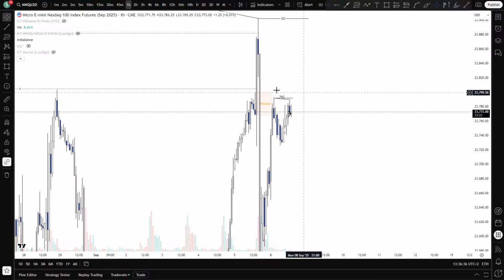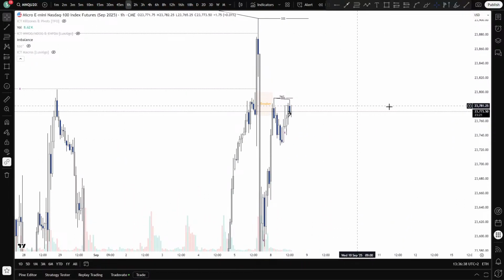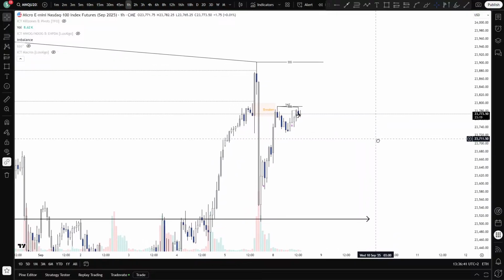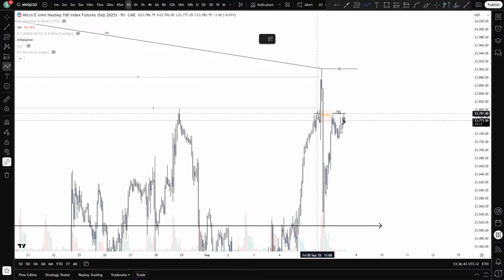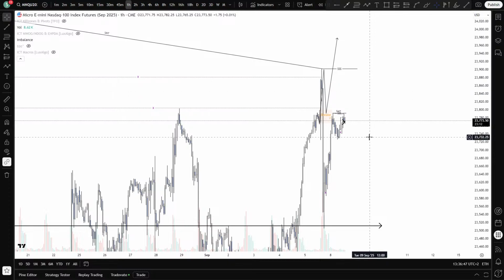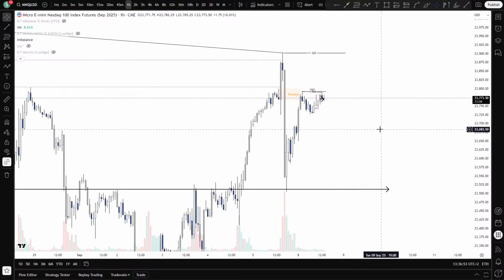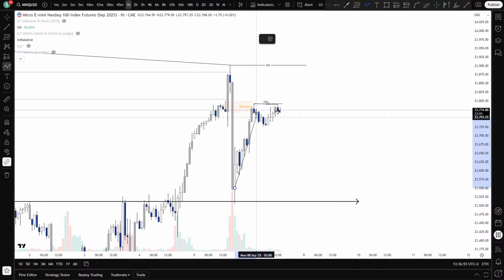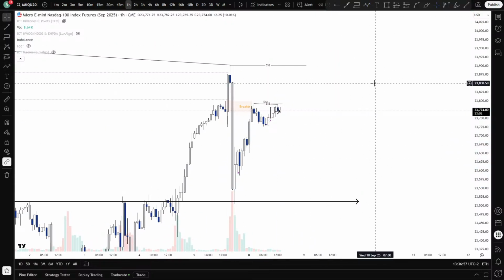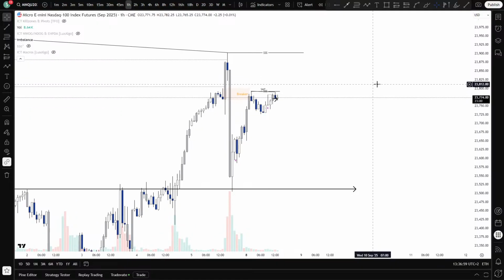One more thing I want to point out. We have this breaker block right here. Because this was your first hold that should have brought you towards new highs. But because we had this big sell-off on Friday, it's gonna become your breaker block. And we can reject from it and create more bearish price action.